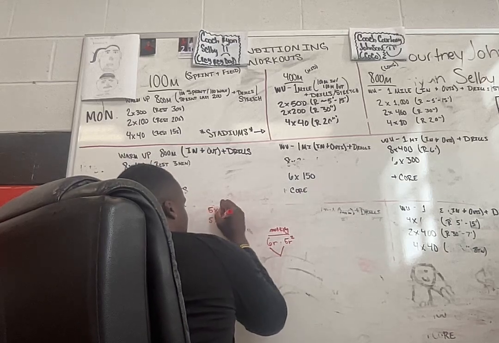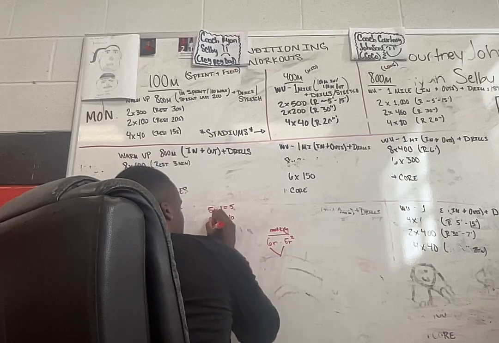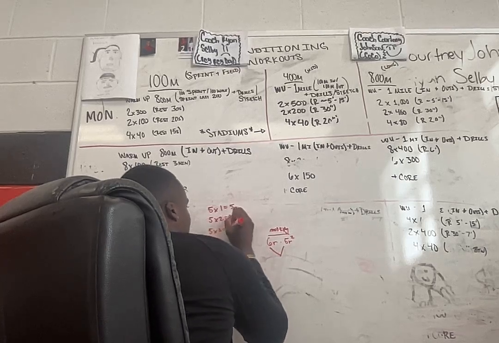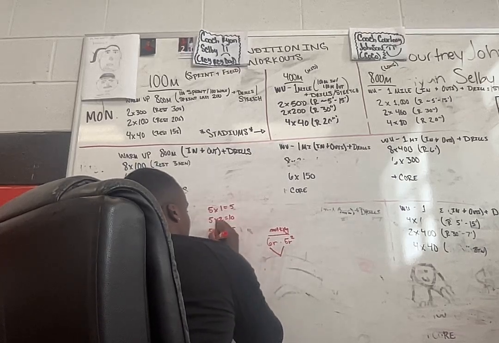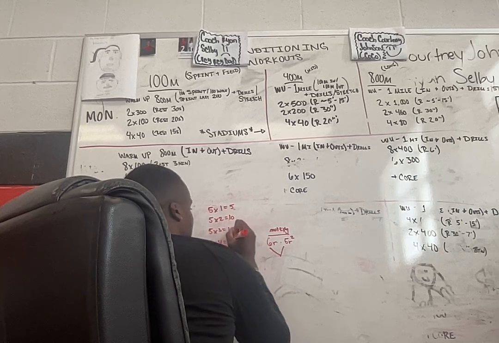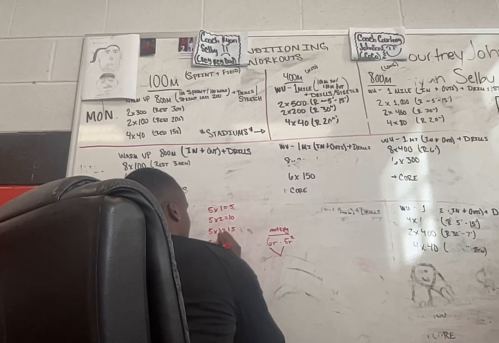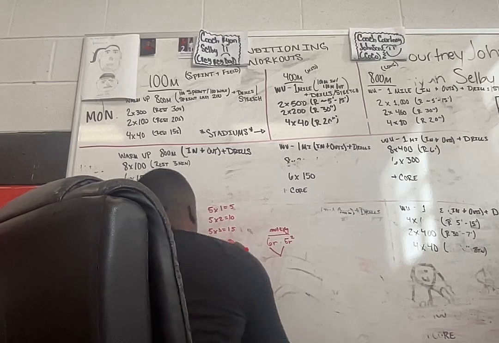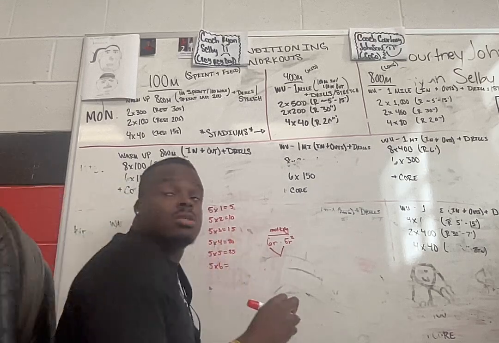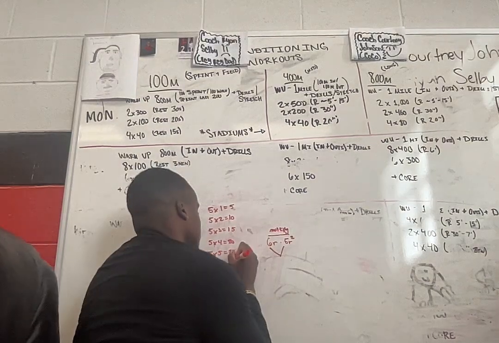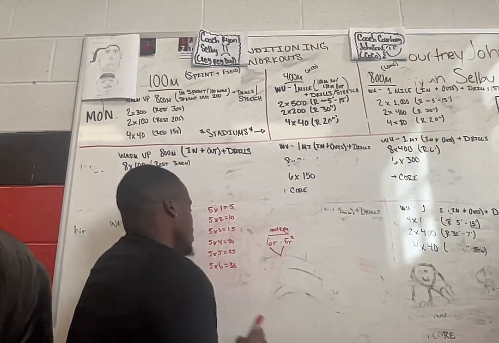So we have 5 times 1 is 5, 5 times 2 is 10, 5 times 3 is 15, 5 times 4 is 20, 5 times 5 equals 25, 5 times 6 equals 30, and so on and so forth.